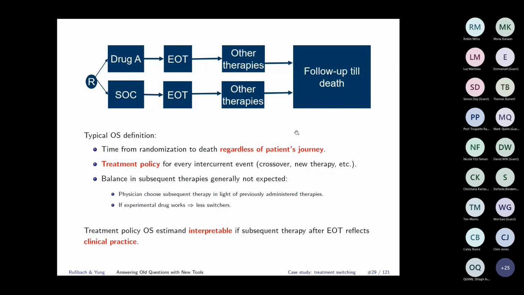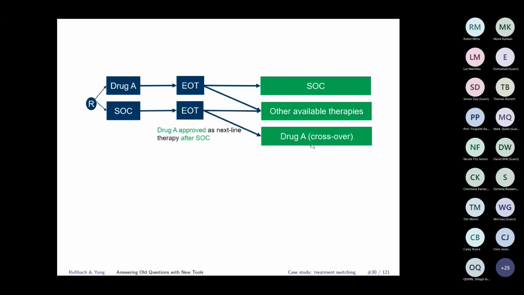The same is true if, for example, you compare drug A versus standard of care in first line, and drug A is already approved in second line. So a patient in standard of care after end of therapy will get drug A. But again, if this is established standard of care, just looking at overall survival remains interpretable, because it reflects clinical practice.